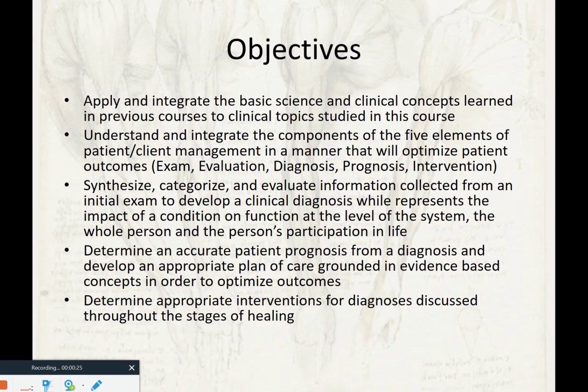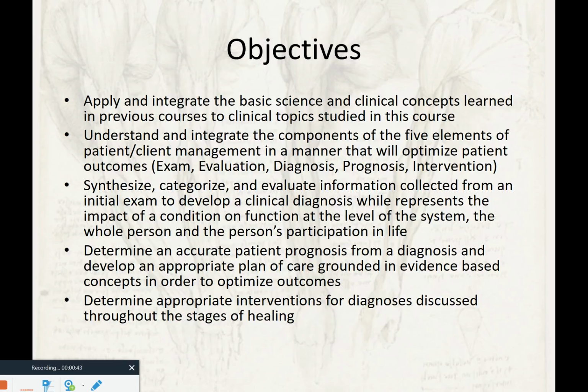Objectives: we want to apply and integrate the basic science and clinical concepts learned in previous courses to the clinical topics studied in this course. We want to understand and integrate the components of the 5 elements of patient and client management in a manner that will optimize patient outcomes. This includes your exam, your eval, diagnosis, prognosis, and intervention.